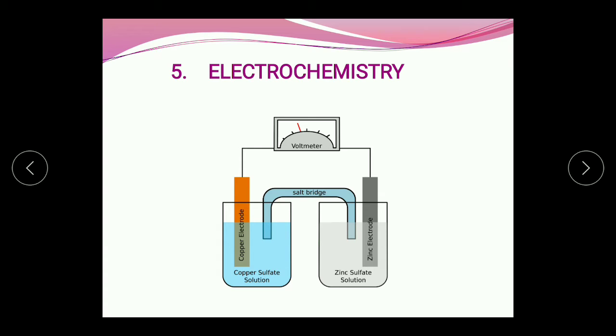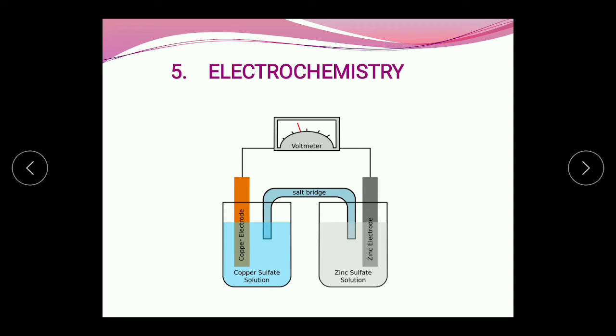There are many difficulties in setting up SHE, because to get an electrode of 0 volt, it is necessary to maintain some conditions. The conditions are that we have to use pure and dry hydrogen gas, the pressure of hydrogen gas should be maintained exactly at 1 atmosphere, and the concentration of H plus ions should be 1 molar.